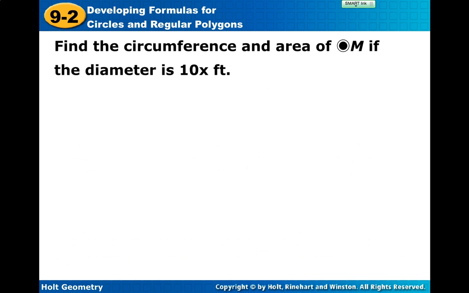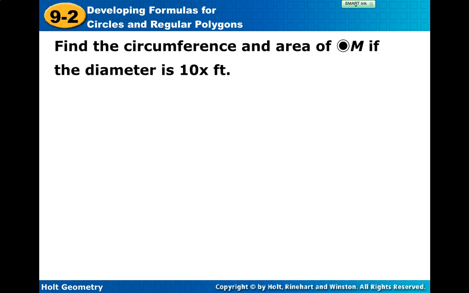We'll get to that. Okay, find the circumference and area of circle M if the diameter is 10x. What happens if we throw the variable in there? 10x is the diameter. What's the area and what's the circumference? It's going to have the variable in it. What's the radius if 10x is the diameter?